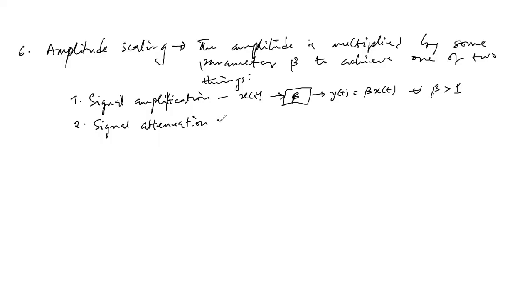And for signal attenuation, S of t is fed into a system characterized by some parameter beta, and there we have y of t being the same as beta times S of t for all values of beta less than 1.